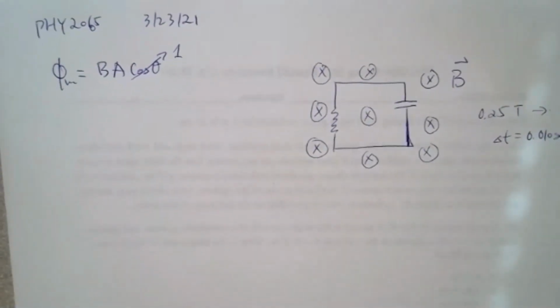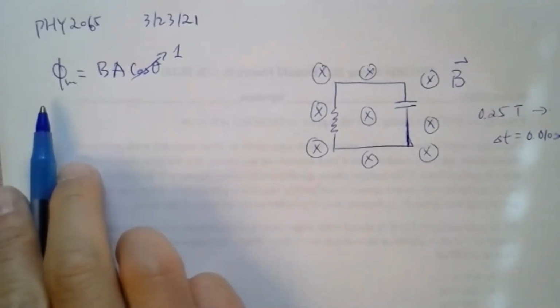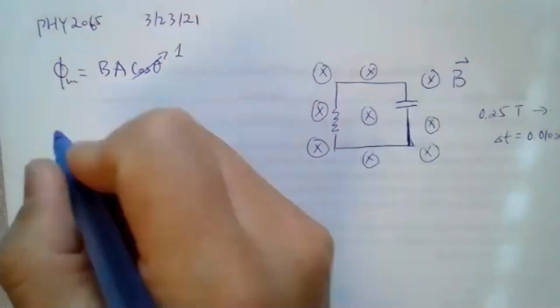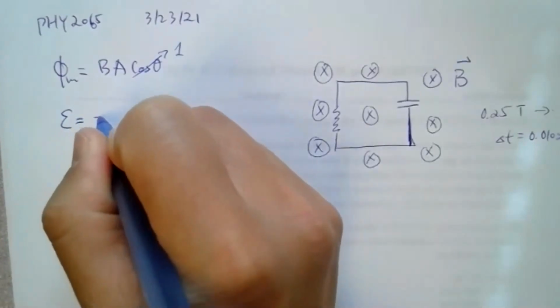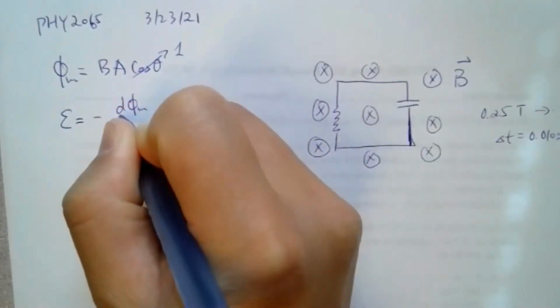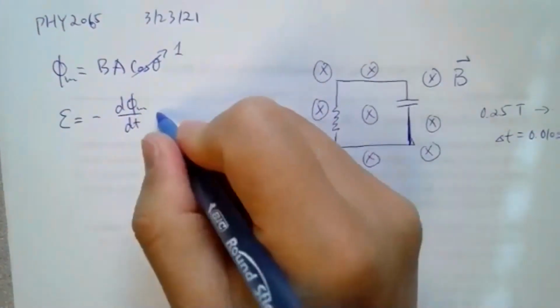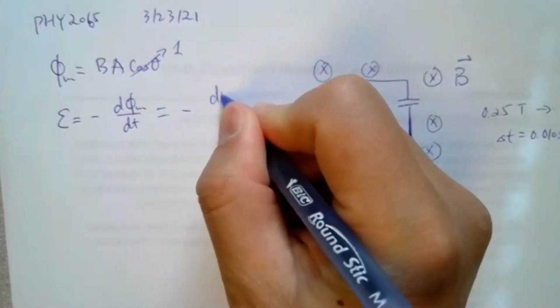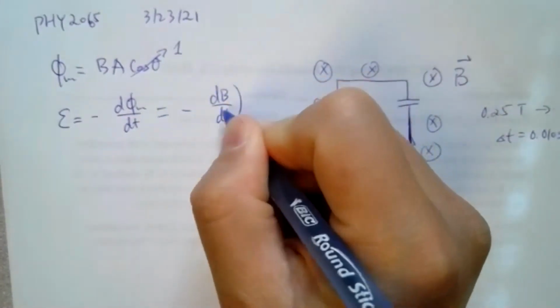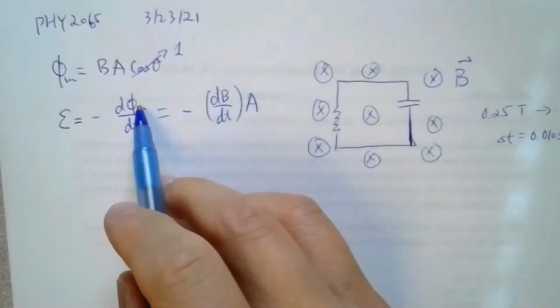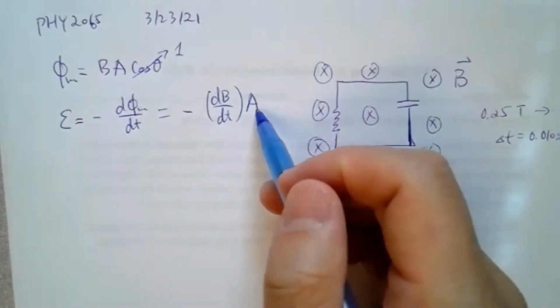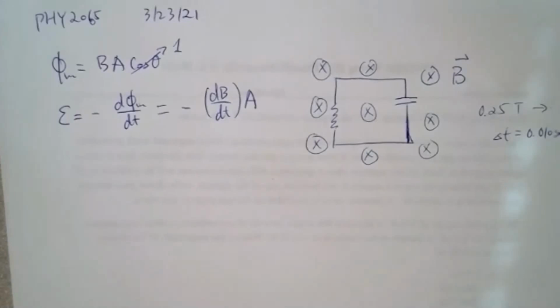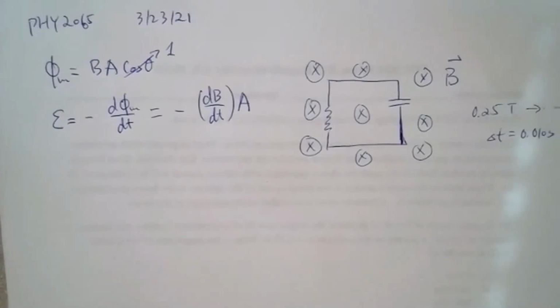If your B is changing, then your flux is changing, so you will have an induced EMF, which is minus the derivative of magnetic flux over dt. That is equal to minus dB over dt times A, because the area is constant, so only the B field changes.